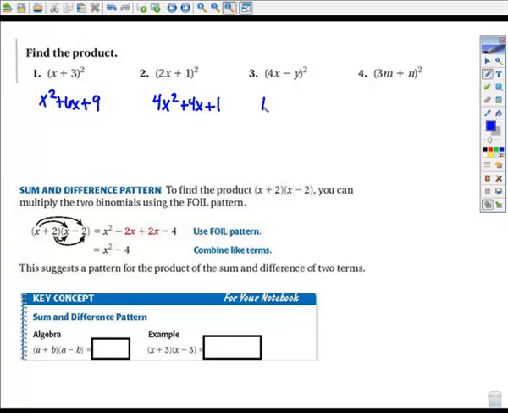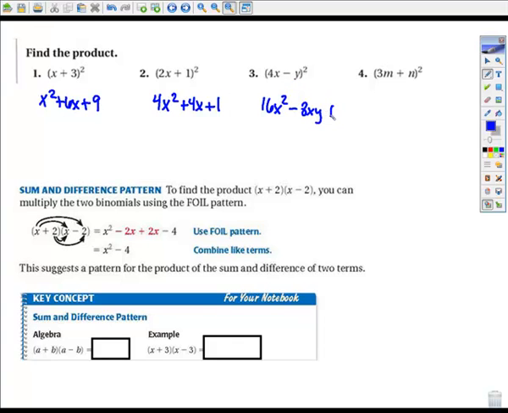4x squared is really 16x squared. 4x times y is 4xy, and then times 2 is negative 8xy. Remember that middle term here, if it's subtracted, is always going to be a negative.